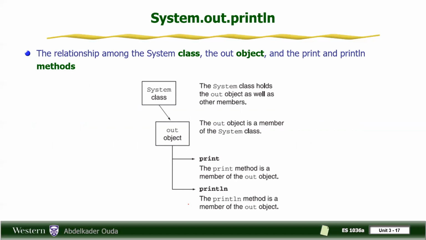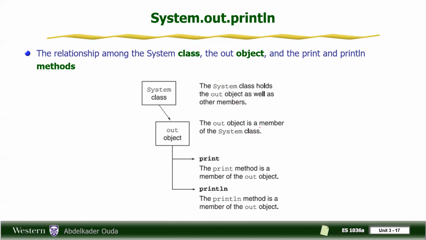System.out.println: the relationship among the System class, the out object, and the print and println methods. Here we have the System class, and we have the out object. What is the System class? The System class holds the out object as well as other members, so it's not only out. Out is one member of the System class.